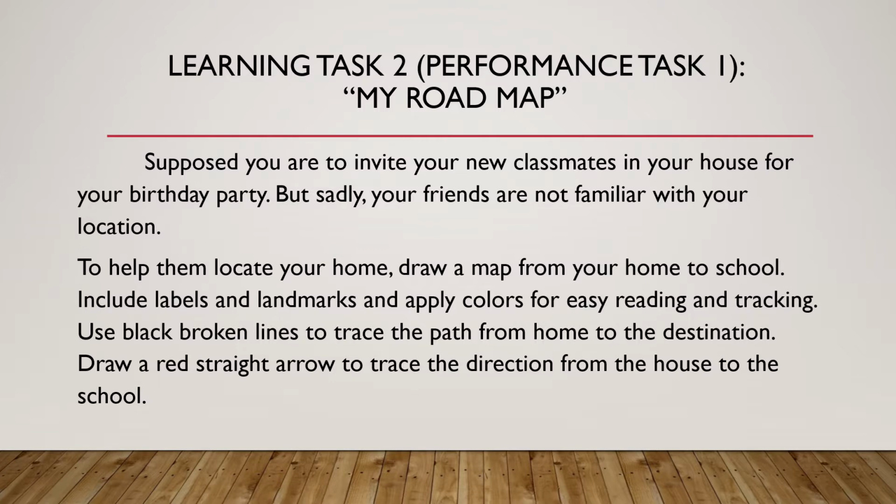But sadly, your friends are not familiar with your location. To help them locate your home, draw a map from your home to school. Include labels and landmarks and apply colors for easy reading and tracking. Use black broken lines to trace the path from home to the destination. Draw a straight line arrow to trace the direction from the house to the school.